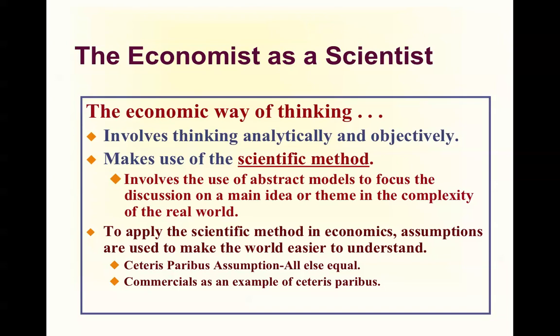So it could be height impacting on temperature, it could be price impacting upon consumers buying things. Now we look at those two variables and we assume that everything else is held constant. One thing that is ceteris paribus that's used all the time is something called commercials that we may see.